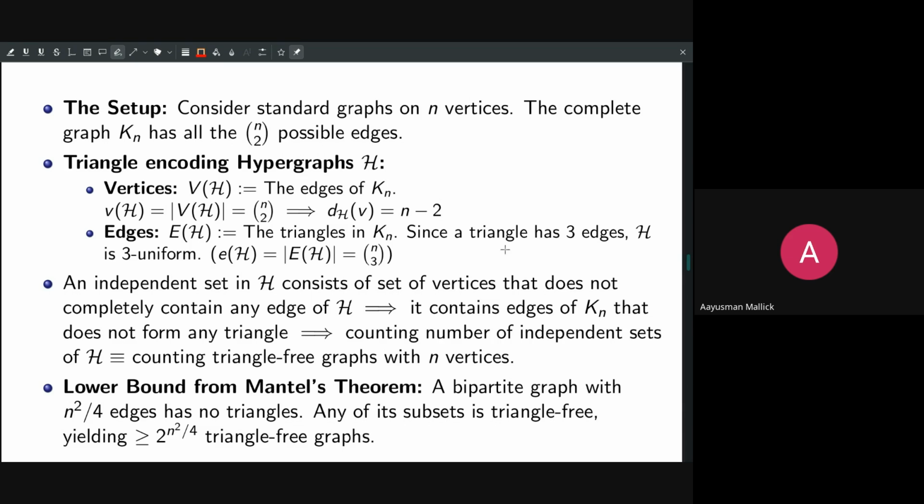So from that, instead of counting individual triangle-free graphs, we are trying to find triangle-free subgraphs of Kn, considering all n vertices and not all of the n choose 2 possible edges. This graph is known as Kn, the complete graph on n vertices.